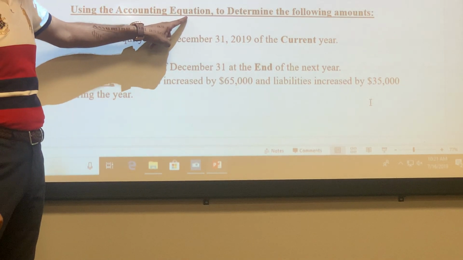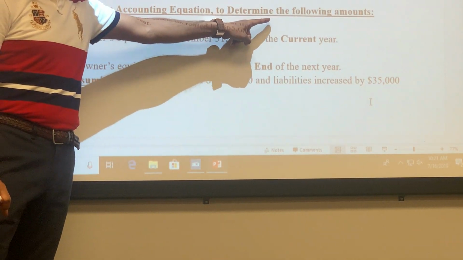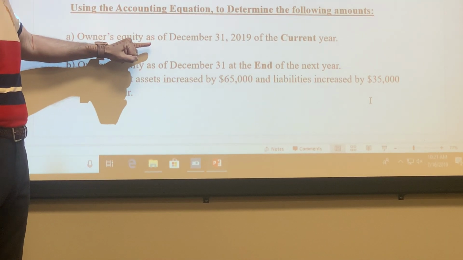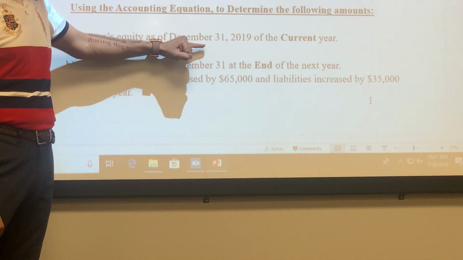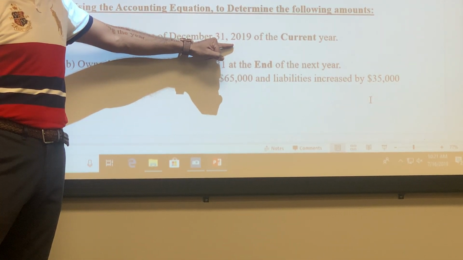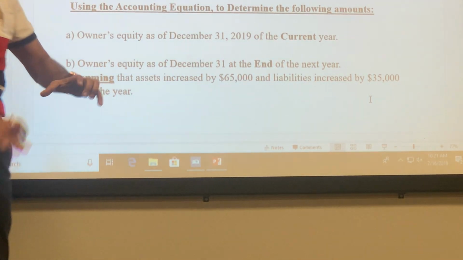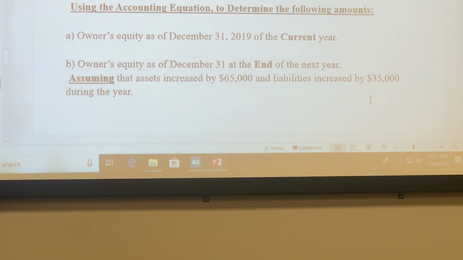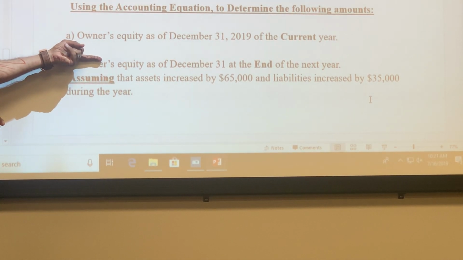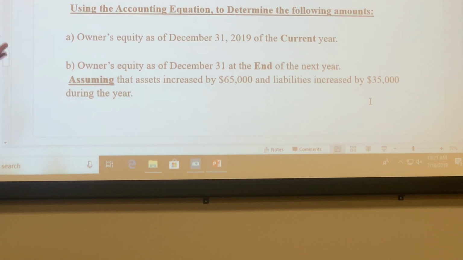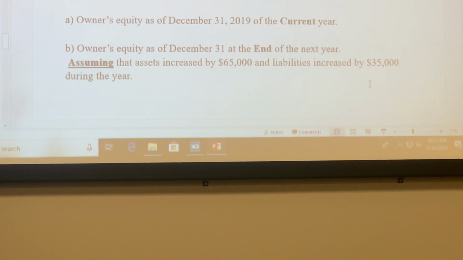So using the accounting equation to determine the following amounts: owner's equity as of December 31, 2019, of the current year. So how will I figure this out? It's easy. Follow the accounting equation. Let's see.